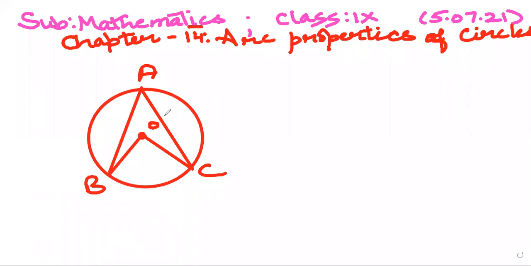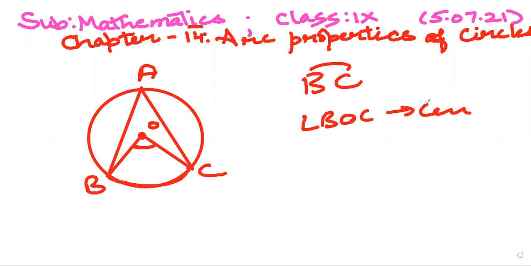Now, children, let's discuss a very important property of an arc. Can you see here an arc BC? Now look at arc BC. Can you tell me the name of the angle subtended at the center? Yes, you're right. It is angle BOC. This is the angle subtended at the center.